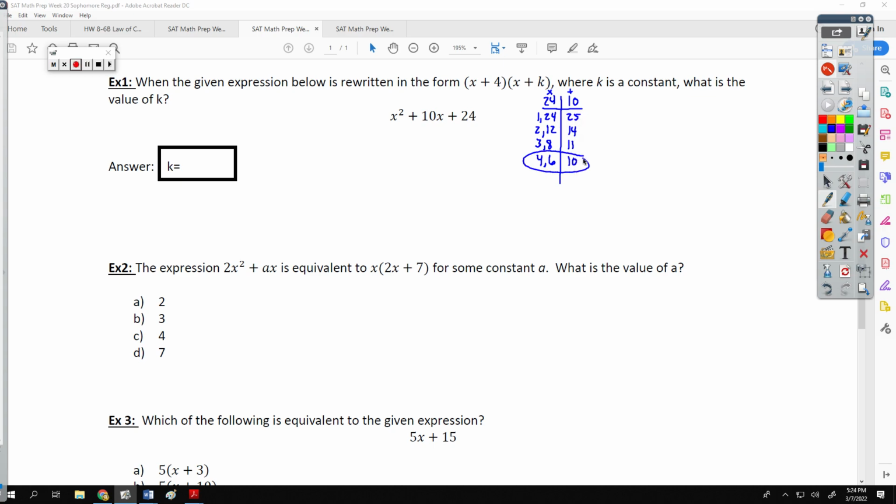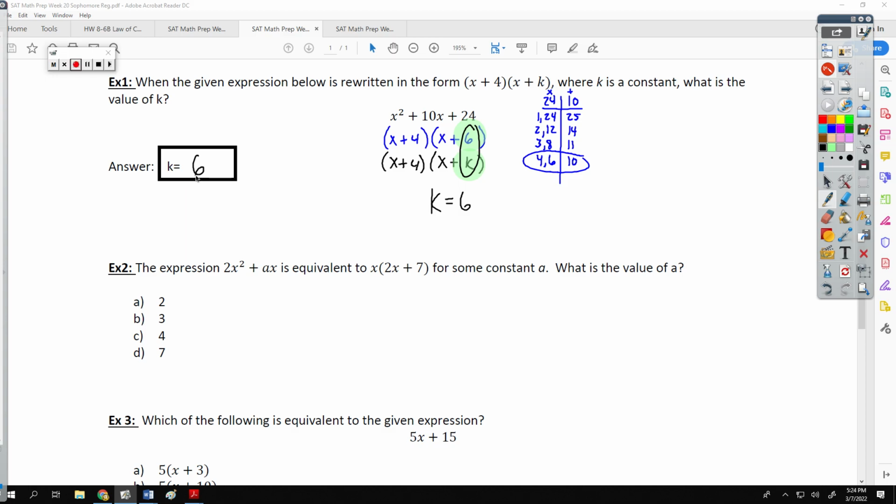That would be 4 and 6. So when we factor this trinomial, it factors into x plus 4 and x plus 6. From there, all we need to recognize is what the question is actually asking us, which is the value of k. Well, hopefully we would realize that k is equal to 6.